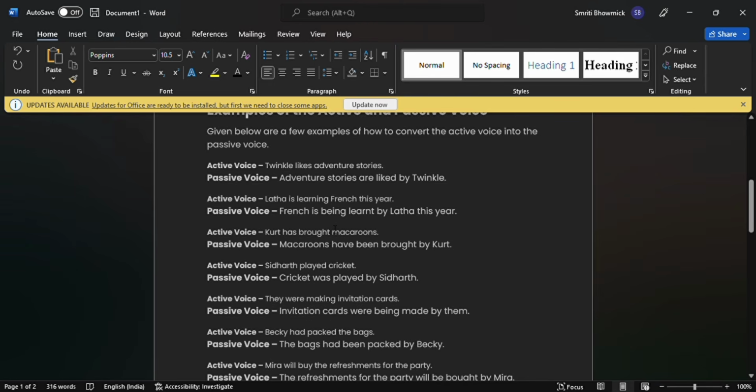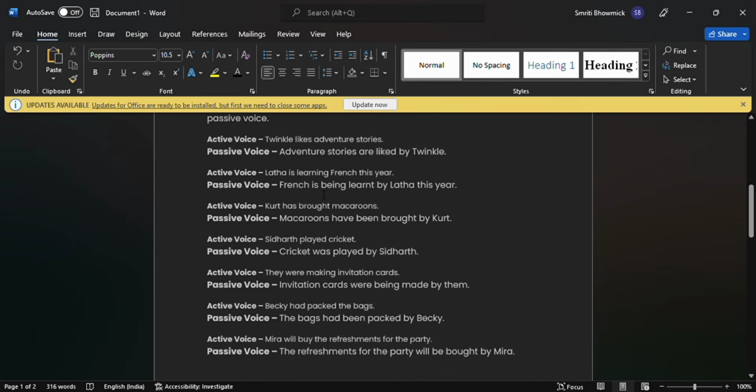In passive voice, French is the object here. French is being learned. When we make the passive voice of a present continuous active voice sentence, we bring in being and we use the past participle form of the main verb.